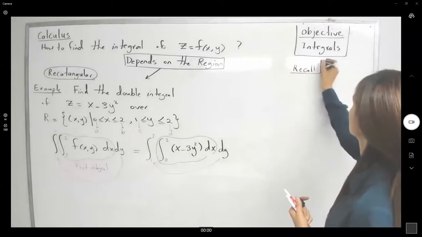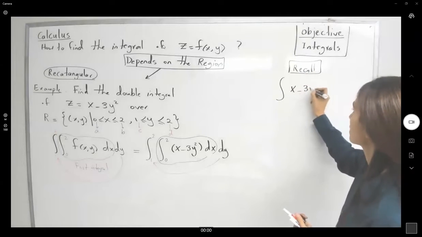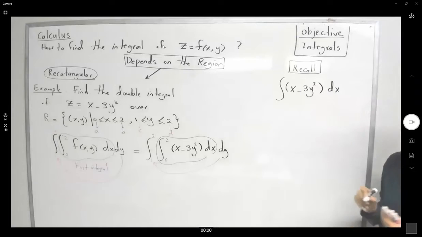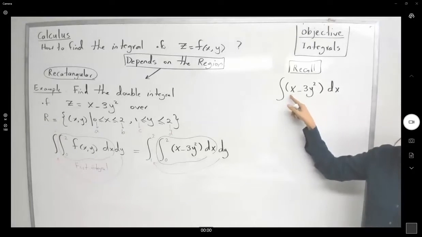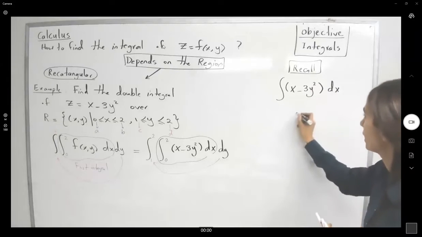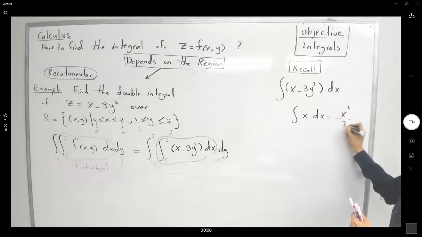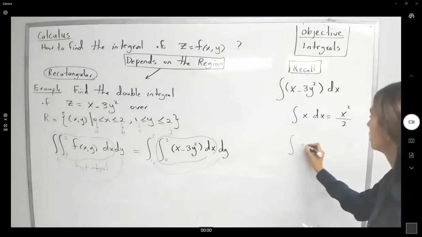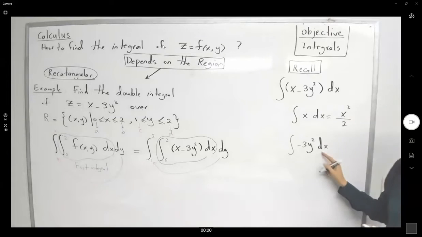The integral of x minus 3y squared dx. Well, here you have x, the integral of x dx is equal to x squared divided by 2. Integral of negative 3y squared dx. Guys, we are taking the integral with respect to x.